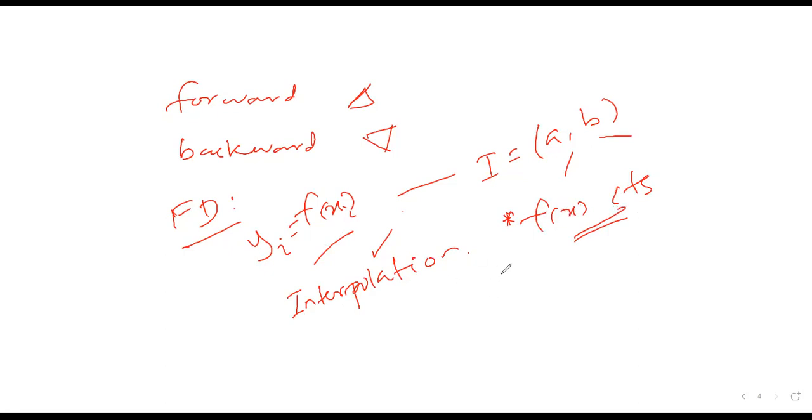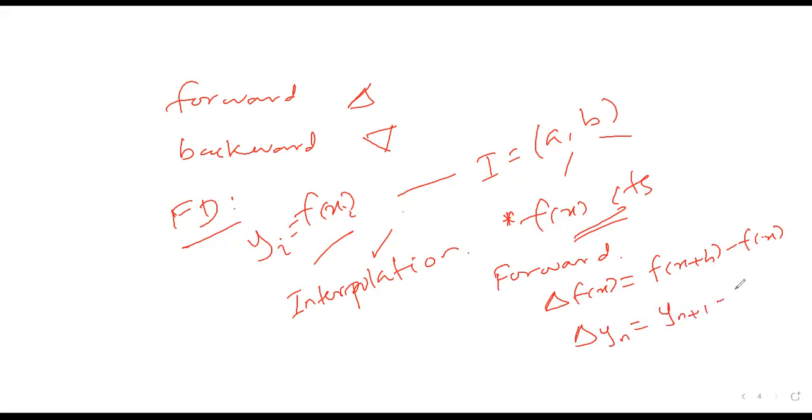Okay, so forward differences, as I already told you: delta of f(x) can be written in the form f(x plus h) minus f(x). Or if you are writing in terms of y, you write y(n plus 1) minus y(n).